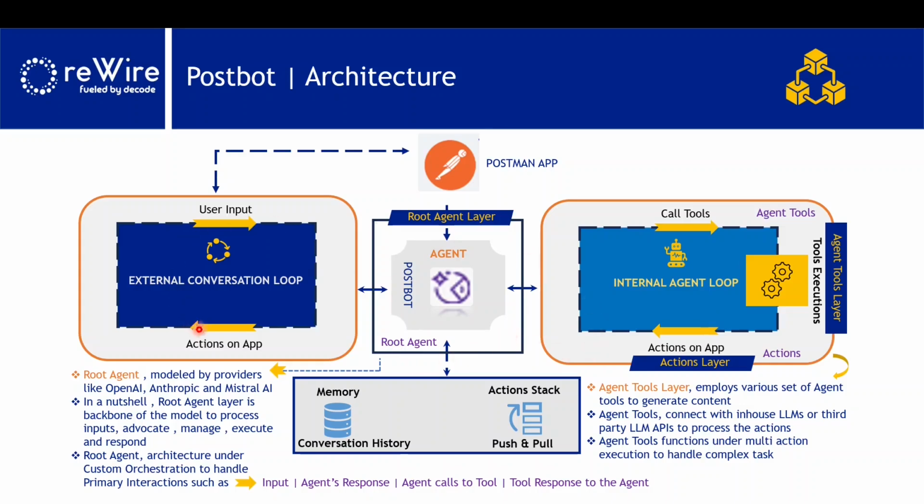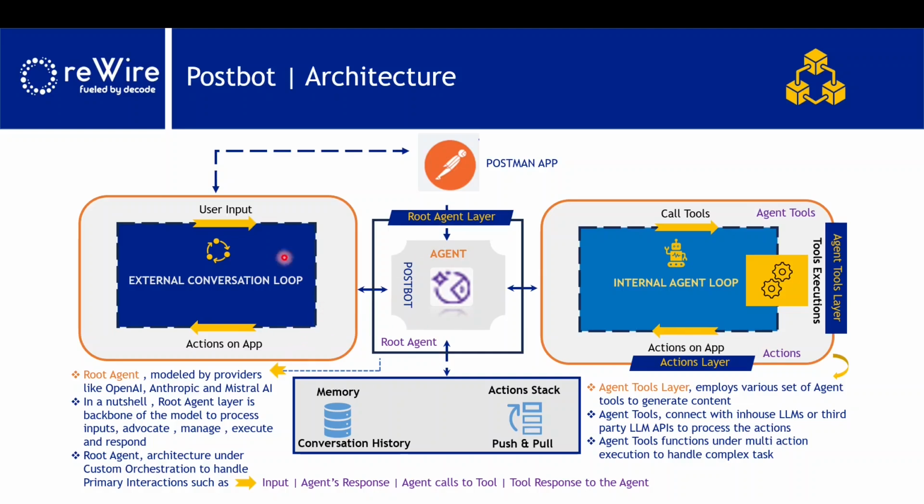Okay, now let's talk about this. What Postman did is divide the entire technical process into two layers, two loops. One is the external conversation loop, and the second one is the internal agent loop. So what the Postbot has to do is deal with these two loops.